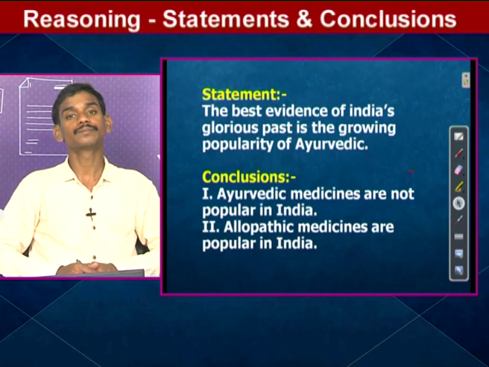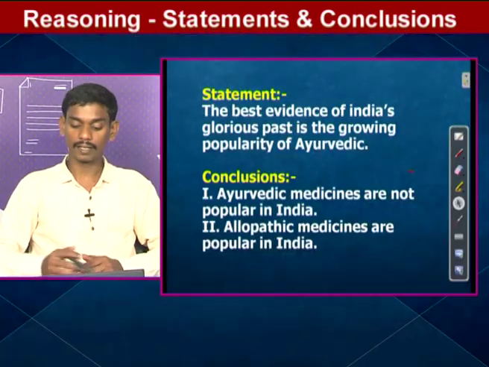See here, the statement is the popularity of Ayurveda, and this is the best evidence of the glorious past. Now the conclusions: Ayurvedic medicines are not popular in India and allopathy medicines are popular in India. Any relation is there here?